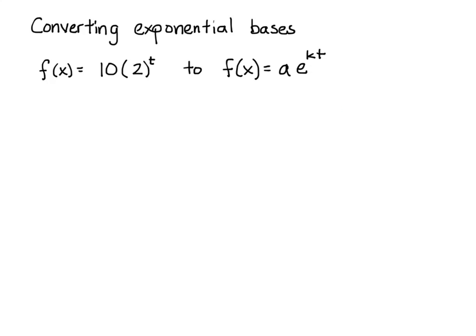Now, converting these back and forth is not nearly as difficult as it may seem. Okay, so if we want to do this, the coefficient is unchanged. Because when t is 0, that constant a is the initial value, right? And so the initial value, whether it's 2 to the t or e to the kt, are both 1, and so the initial value stays the same.